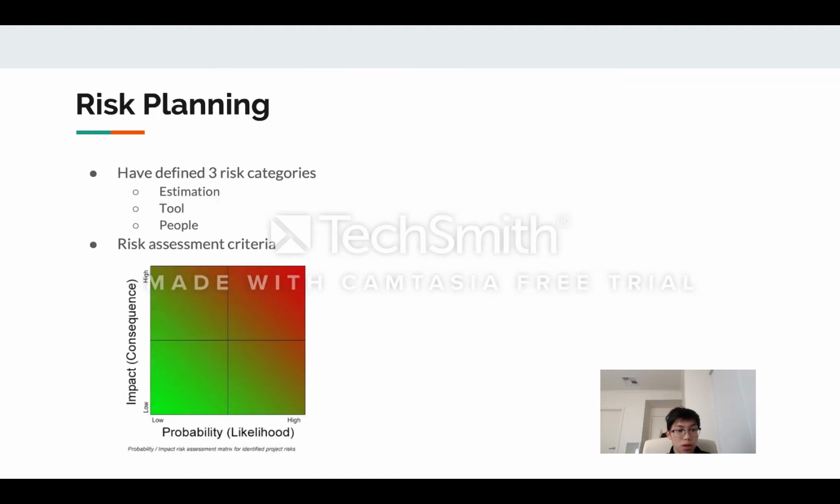Moving on to risk categories. We have defined three risk categories, mainly estimation, tools, and people. And we have also defined the risk assessment criteria. The risk assessment criteria are low likelihood, low impact; low likelihood, high impact; high likelihood, low impact; and high likelihood, high impact.